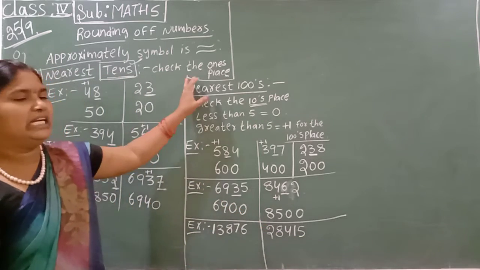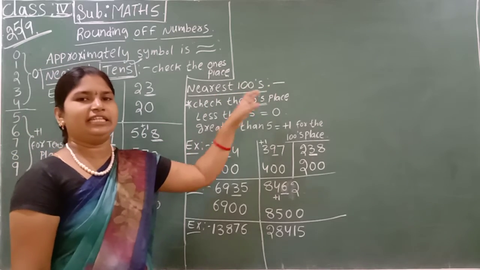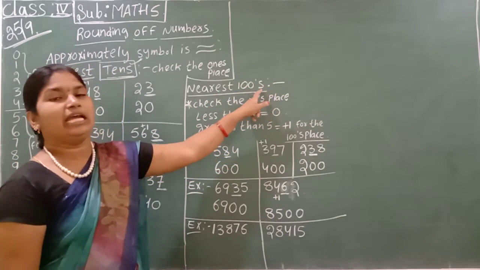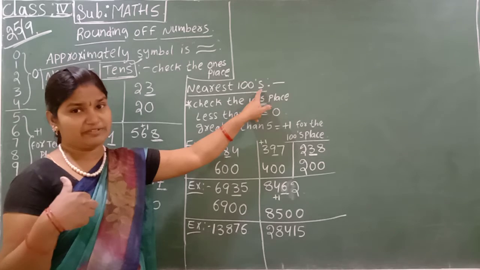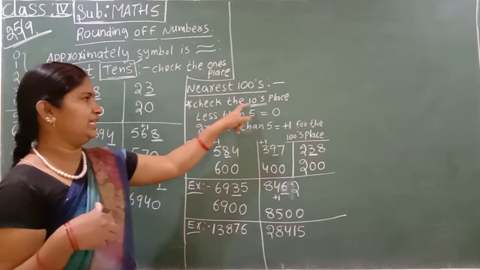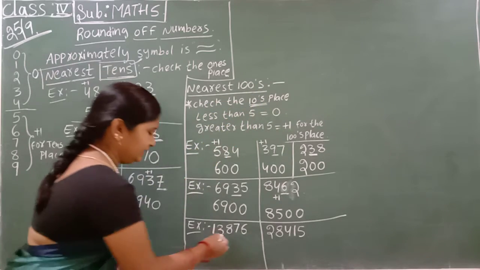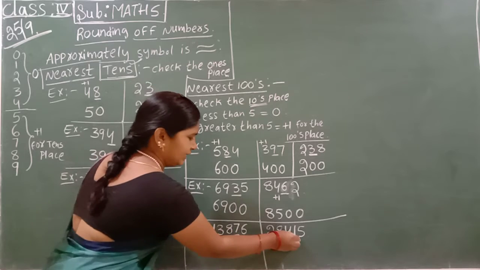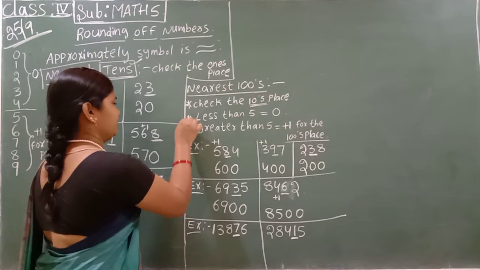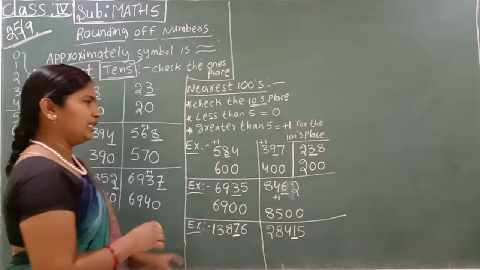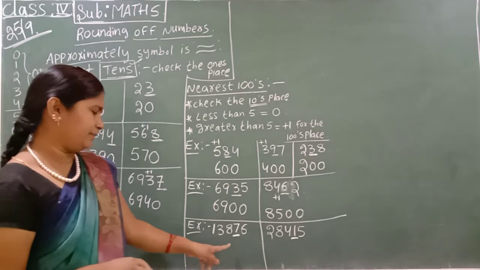Now, read the heading. We want to write the nearest hundreds. Nearest hundreds means which place value we have to check? Check the tens place. Tens place. Underline the tens place first.